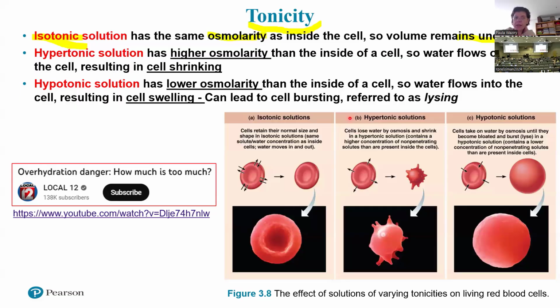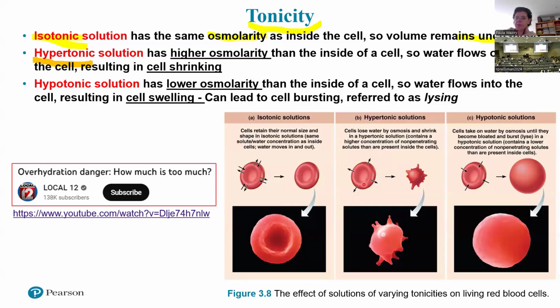Now, when you look at a hypertonic solution, hypertonic, that means you have more stuff outside of the cells than you have in the inside of the cells, okay? So that's a problem because when you have a lot of stuff outside of the cells, that stuff is going to pull the water from the inside of the cell.